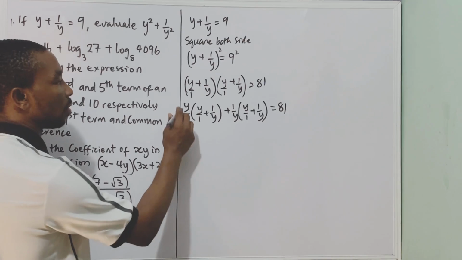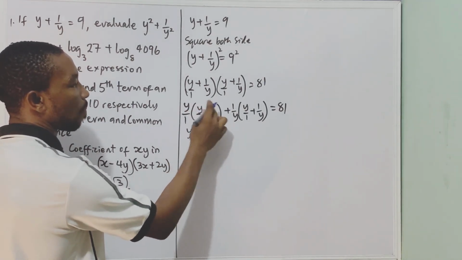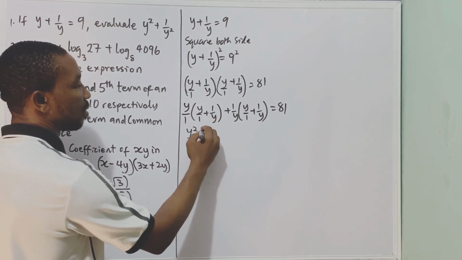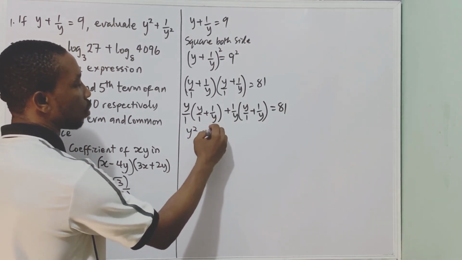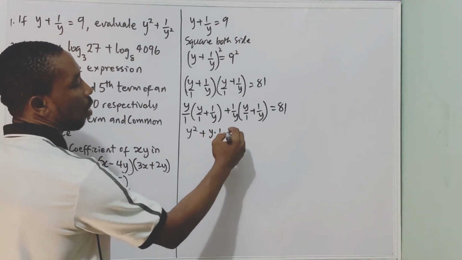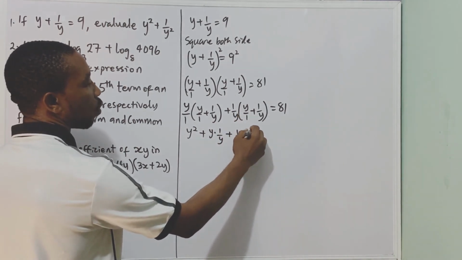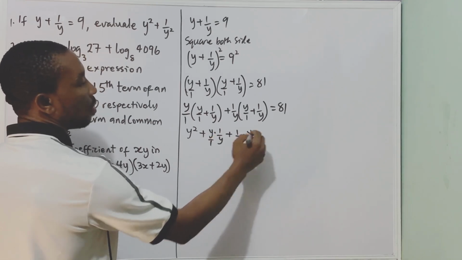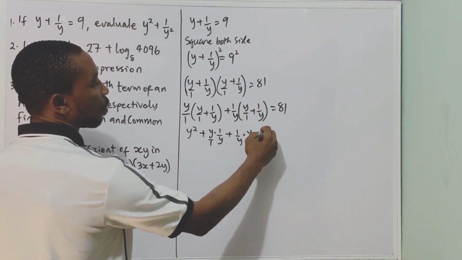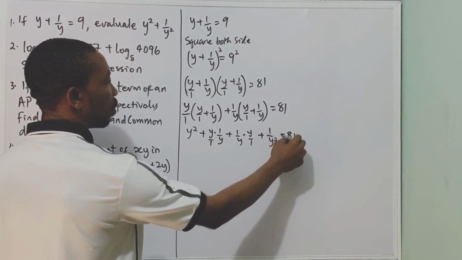Okay, so now this times this will give us y squared, all right? And this times this will give us plus y times 1 over y, all right? Plus 1 over y times y over 1, all right? And this will give us plus 1 over y squared equals 81.